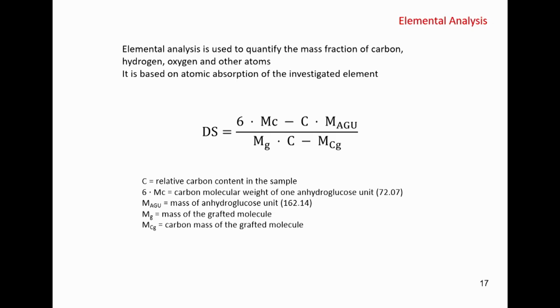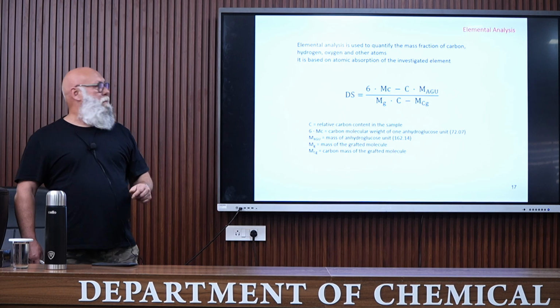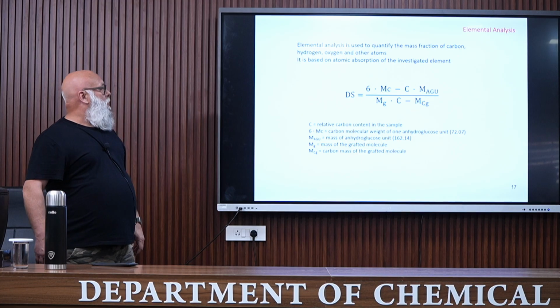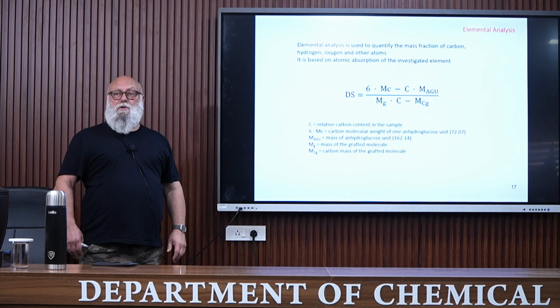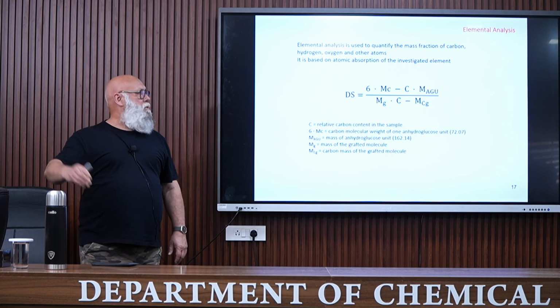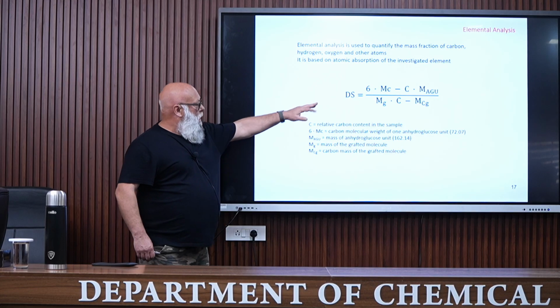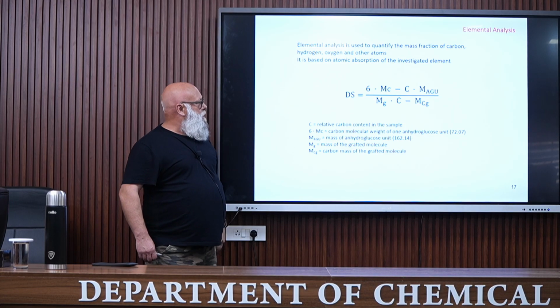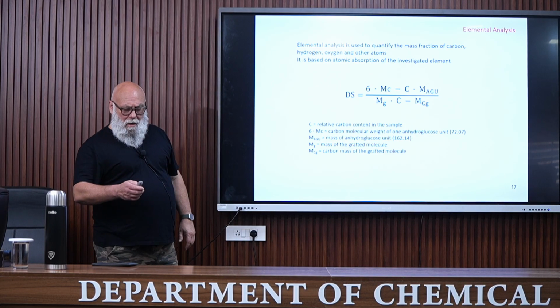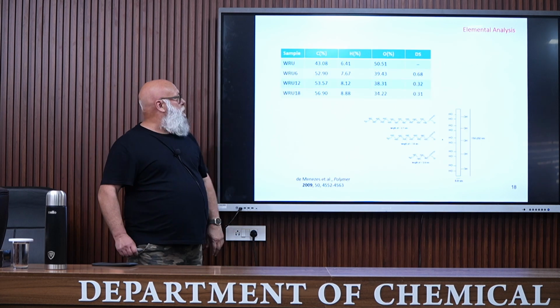So there is a high density of hydroxyl groups on the surface of cellulose fibers or nanoparticles. And part of these hydroxyl groups are replaced, so it is referred to as the degree of substitution. So I will not detail the different parameters in this equation, but always the same example.